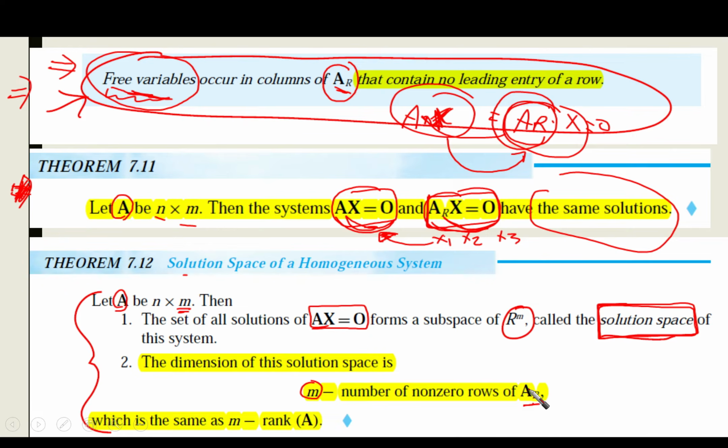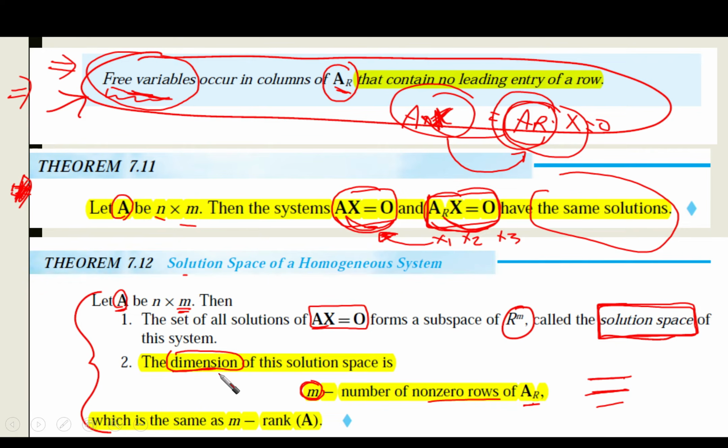If we have, like, 2 non-zero rows in a 3-row reduced matrix, then the number of non-zero rows, which is considered to be the rank of the original matrix A, we should subtract from the number of columns of the original matrix, and we get the dimension of the solution. What is the meaning of the dimension?